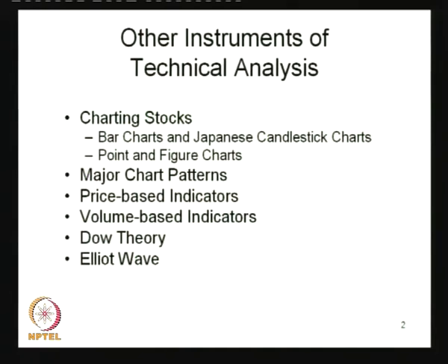One by one, today we will talk about the different instruments we use in technical analysis to know when to buy and when to sell. It helps the investment decision process of investors: when we can decide to buy a particular share and when we can decide to sell a particular share.